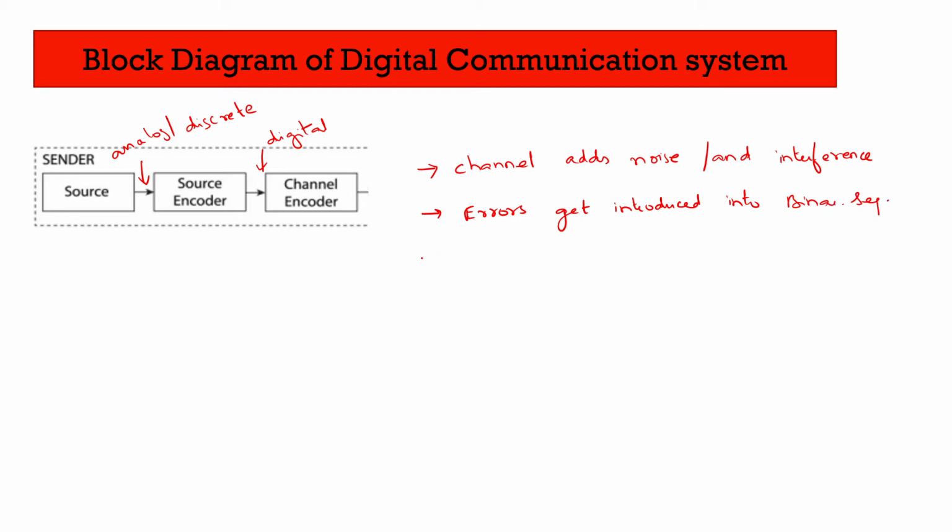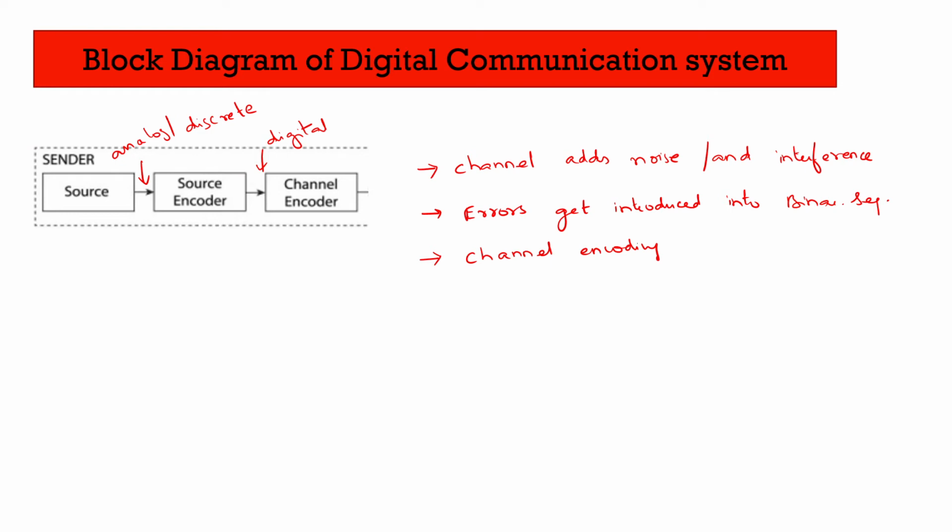So in order to avoid this, we go with the channel encoding. I'll repeat it once again. The output of the source encoder is nothing but the binary sequence of zeros and ones. Now this has to be transmitted through the channel.